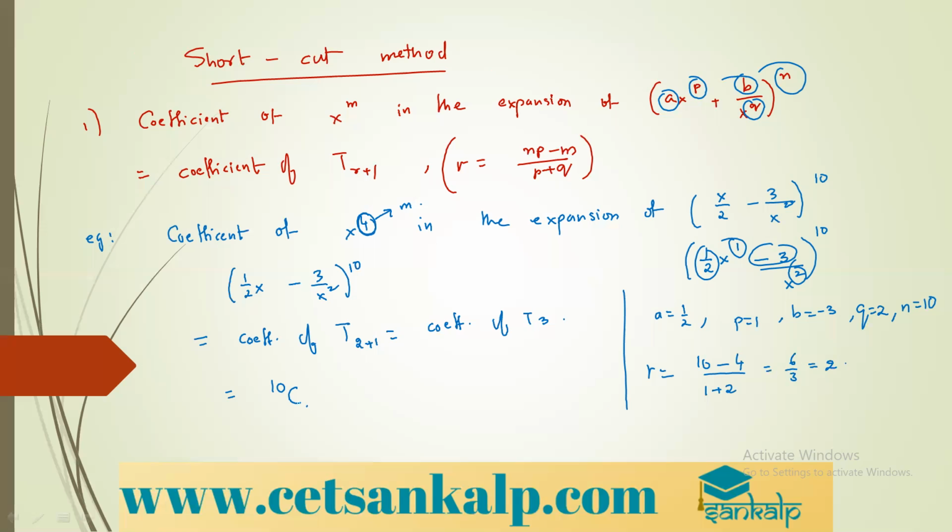So 10C r, that is, r is 2. Then I take 1/2 to the power 10 minus 2. Then I take −3, and the power of −3 will be just 2. This is how I'm getting only the coefficient. That is why I'm not taking x.